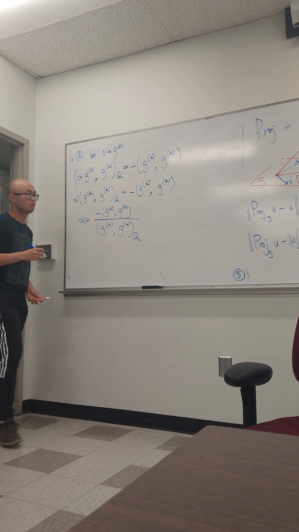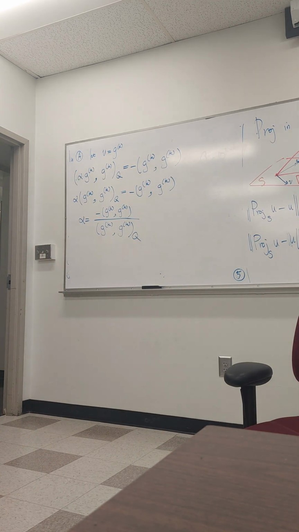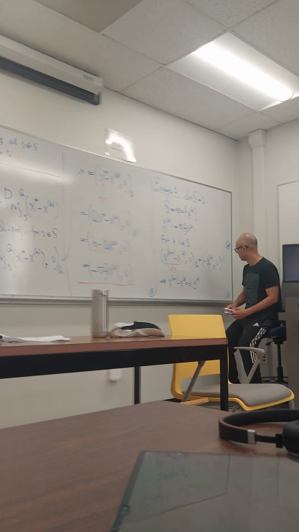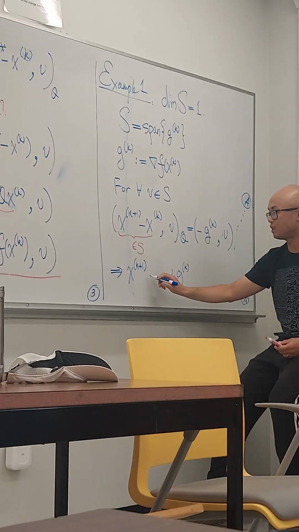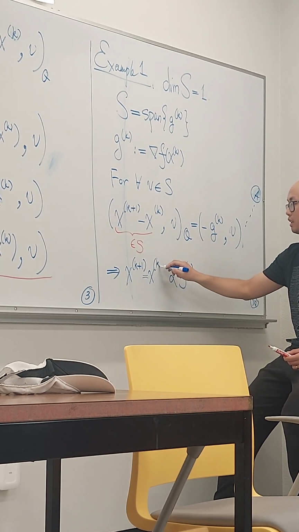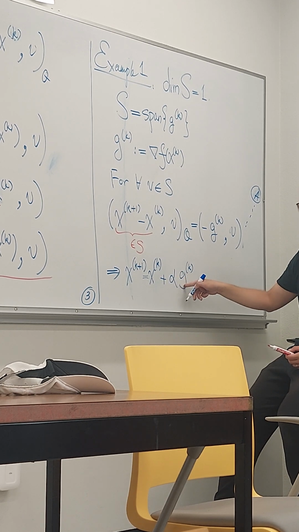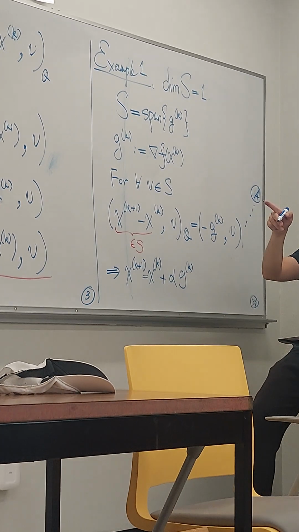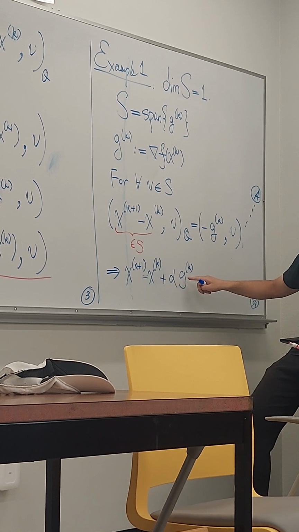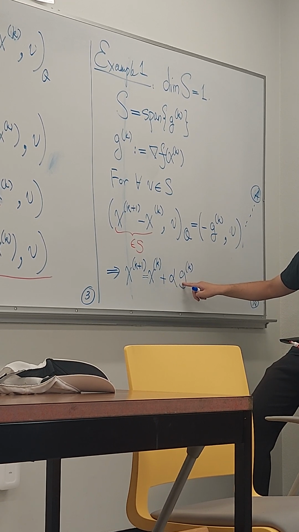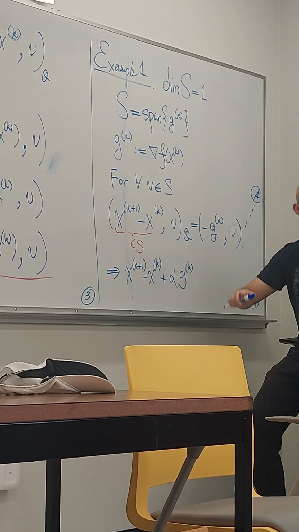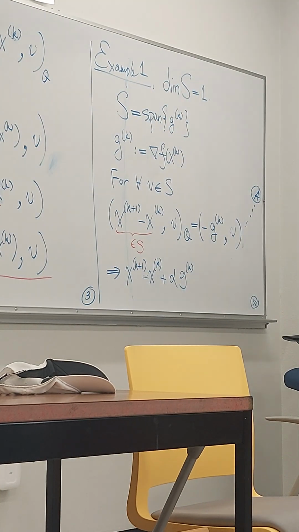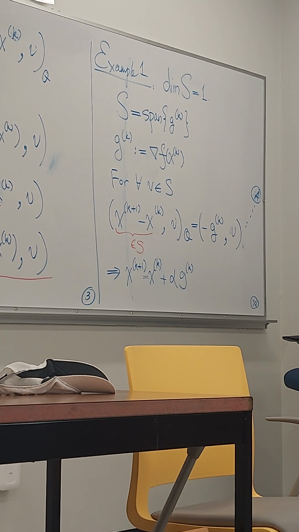When we look at this formula, their difference is alpha times gk. This is the same as saying xk plus 1 is xk plus this guy. So alpha equals negative that thing, which means we should move in the direction of negative gk, and alpha happens to be our step size of steepest descent.